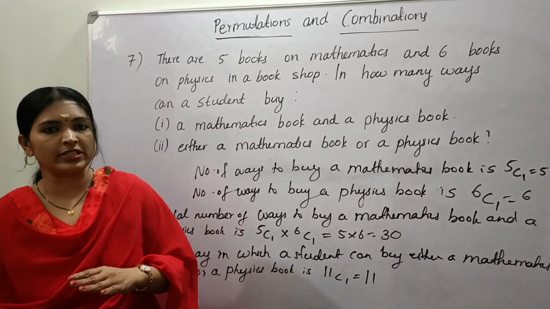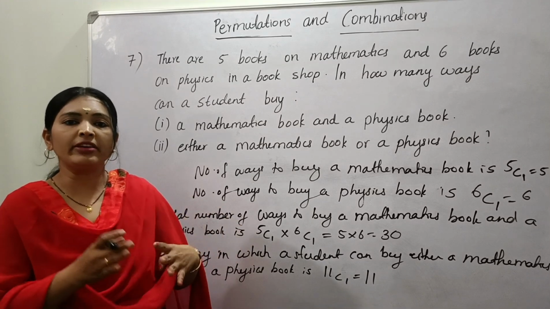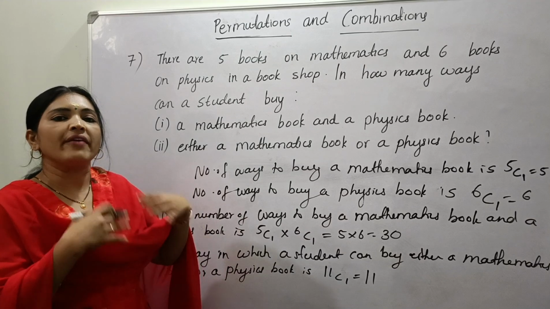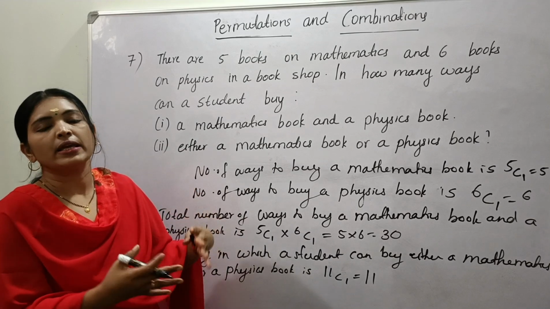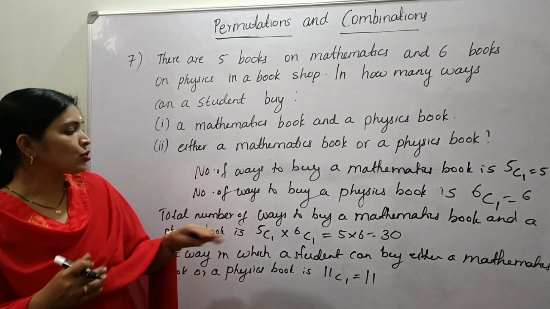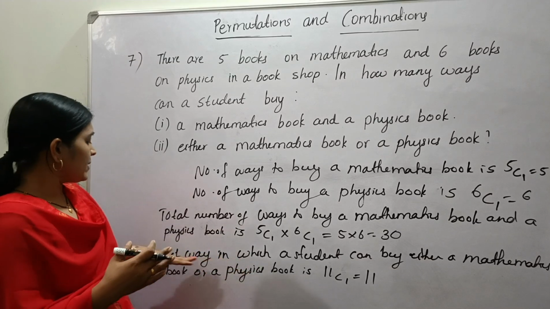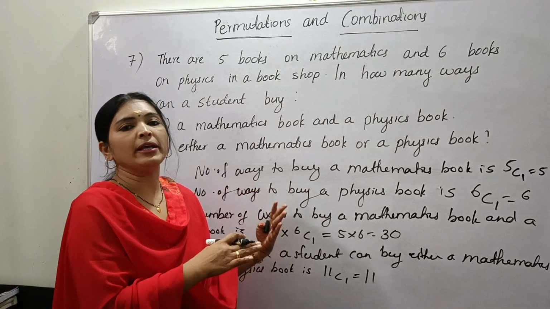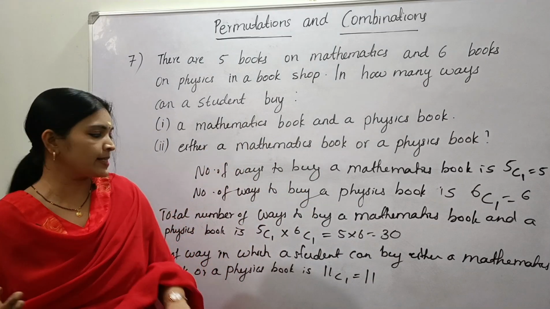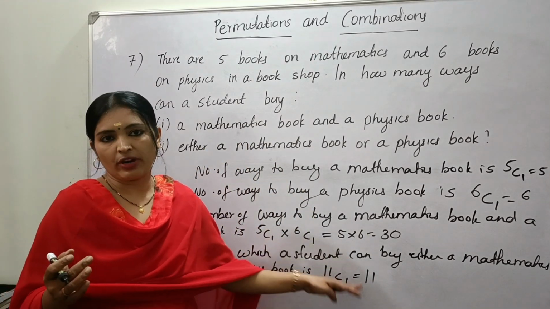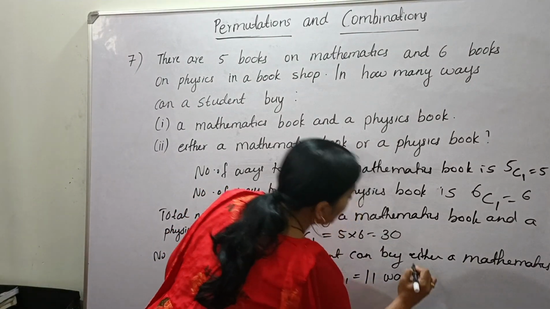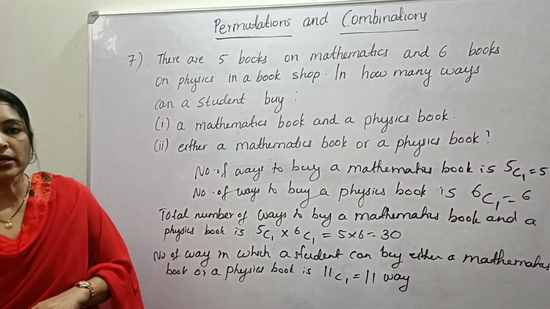Either mathematics or physics. So there are total 11 books. So out of 11 books, he has to select one. So in 11 ways he can select that book, right? So in 11 ways he can buy either a mathematics or a physics book.